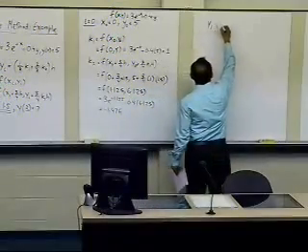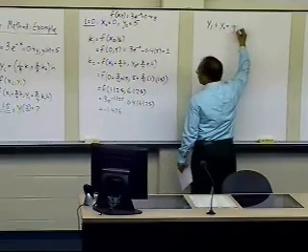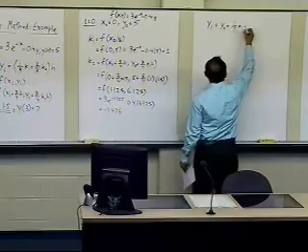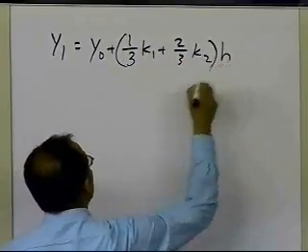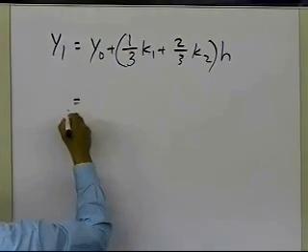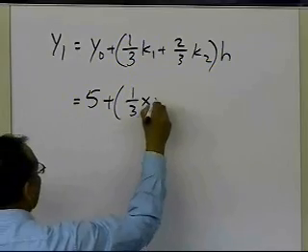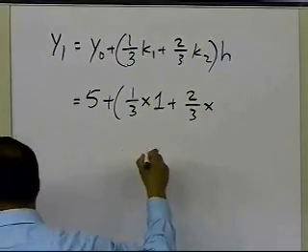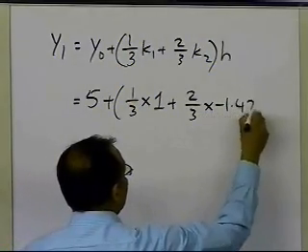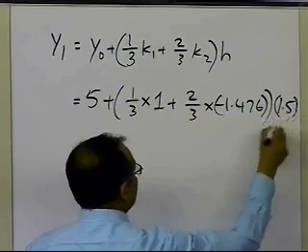So y1 is equal to y0 plus 1/3 of k1 plus 2/3 of k2, times h. y0 is 5 plus 1/3 of k1, which I just calculated was 1, plus 2/3 of k2, which I just calculated was minus 1.476, and I multiply by 1.5 because that's my step size.